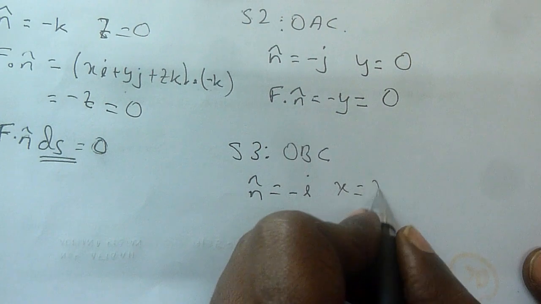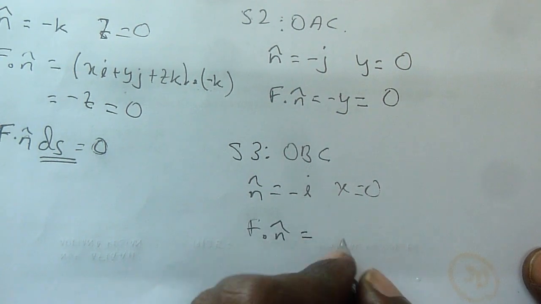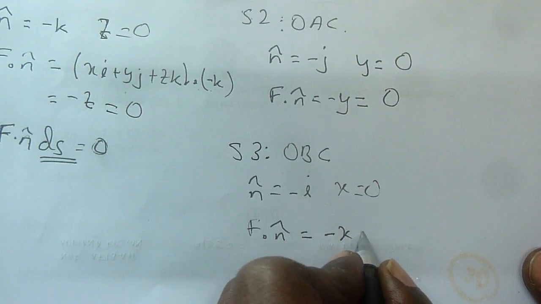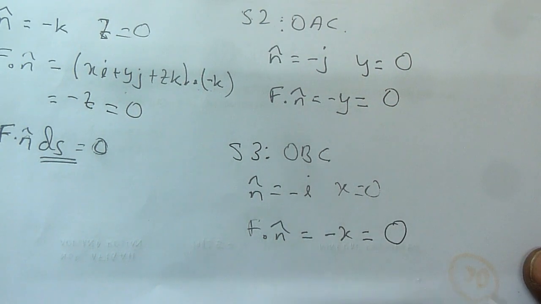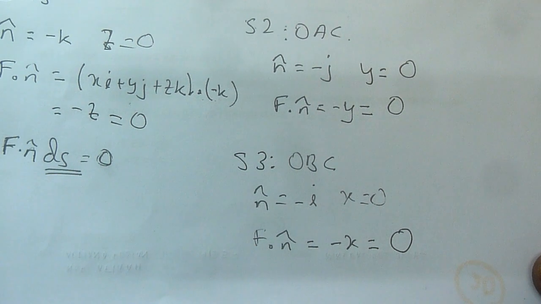Okay, x equals 0, so F dot n, negative x, equals 0. Wow. That means, are all the answers going to be 0? No, cannot. If there is a ghost, definitely very rare cases that you will end up with 0.